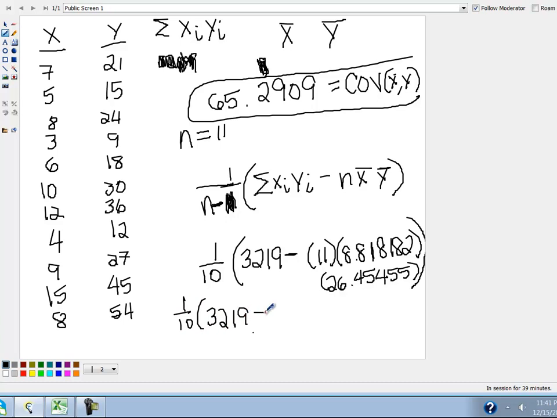When I multiply all of that out, I get 2566.0909. All right, and when I subtract that from 3219, make sure you have a calculator handy.